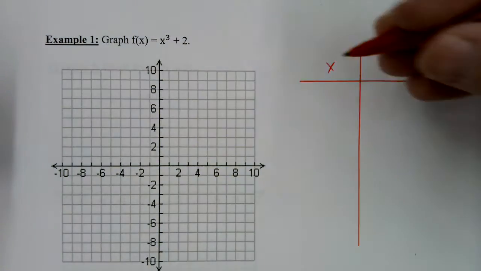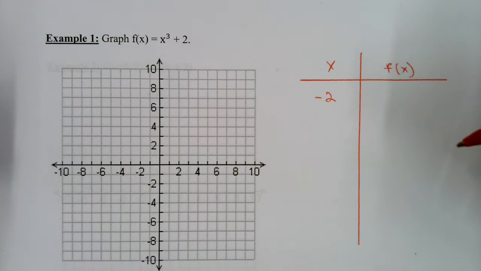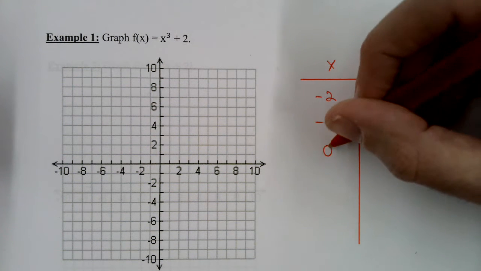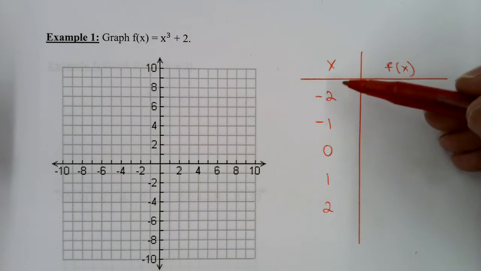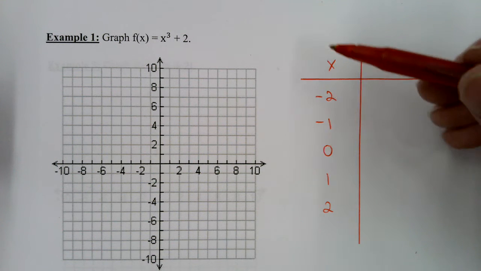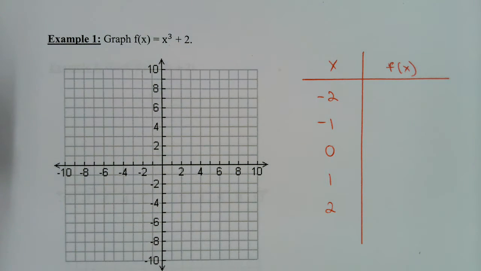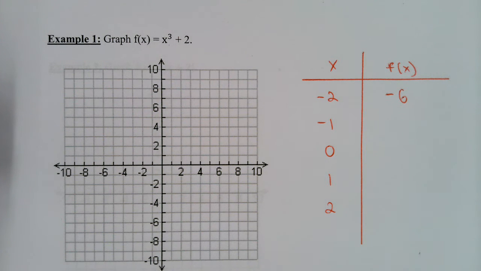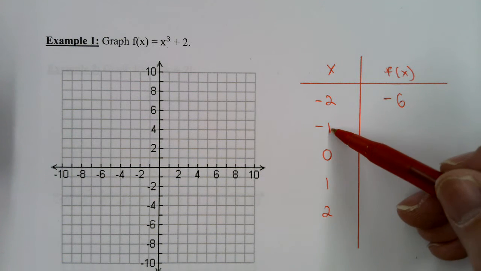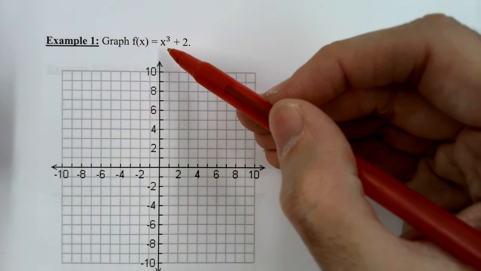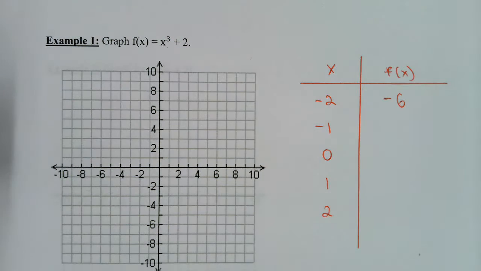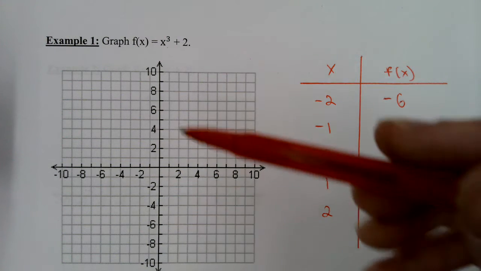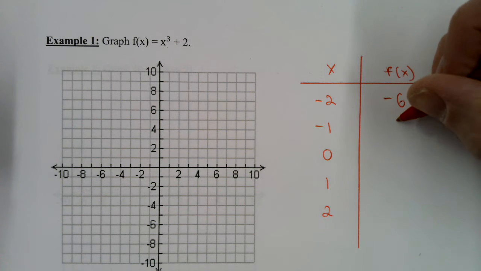For the x's, I'll do -2, -1, 0, 1, 2. When x is -2, -2 cubed means -2 times -2 times -2. So that's -8, plus 2 gives me -6. When x is -1, I have -1 times -1 times -1, which equals -1, plus 2 equals 1.